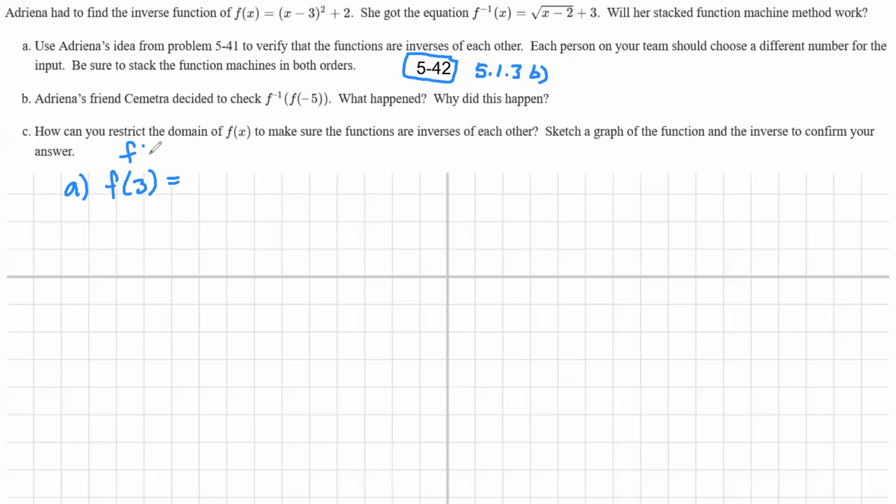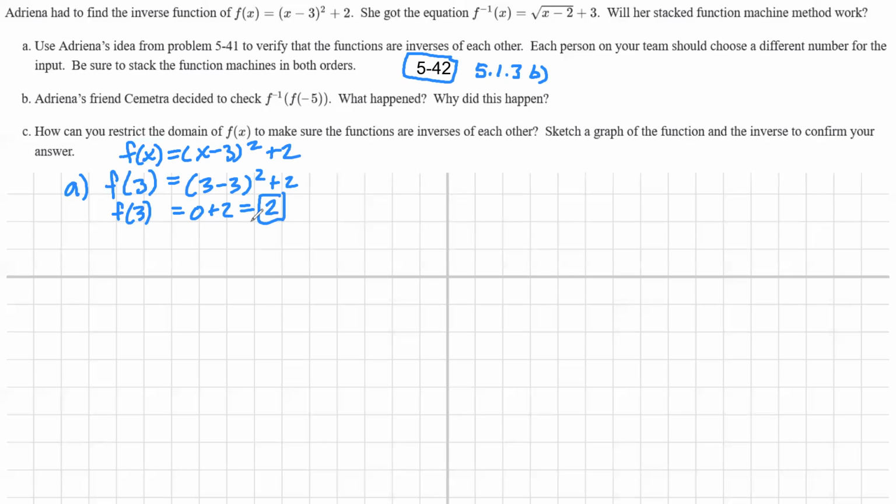And let's write our f of x function right here. f of x equals (x minus 3) squared plus 2. This is a parabola shifted to the right 3 units, up 2 units. So if I plug in 3 into this, we get (3 minus 3) squared plus 2, which was 0 plus 2, which is just 2. Okay, so when I plug in f of 3, I get 2.